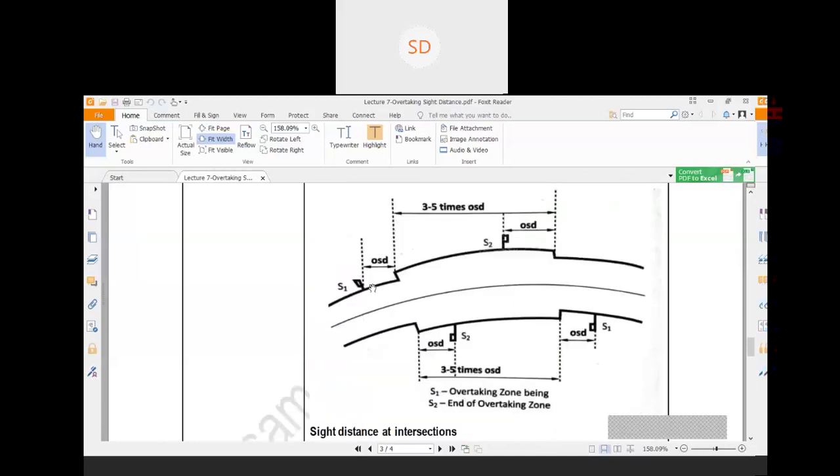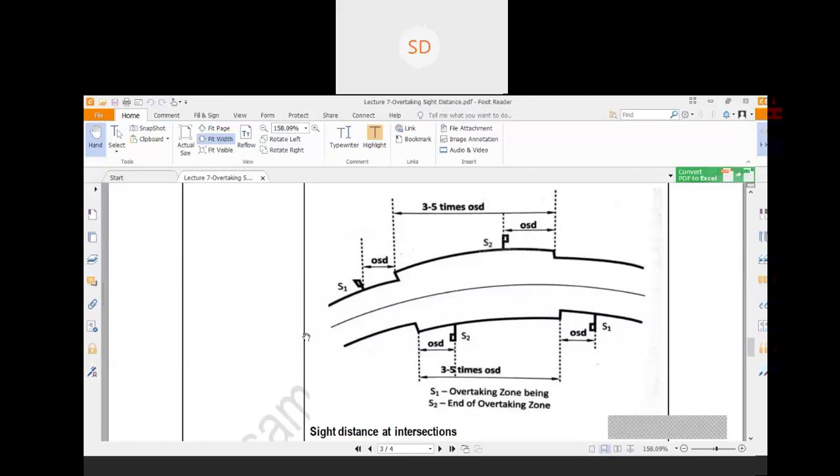Now the position of the signposts: the first signpost would be at a distance of the overtaking sight distance from the entrance, and the last one would also be at a distance of the overtaking sight distance from the end point of the overtaking zone.